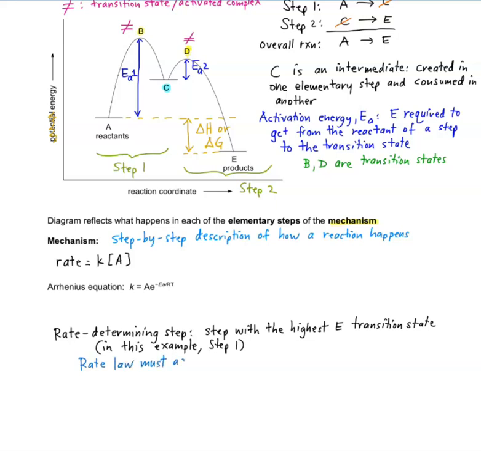So the rate law must agree with what's going on in the rate limiting step. So rate limiting, rate determining, totally interchangeable.